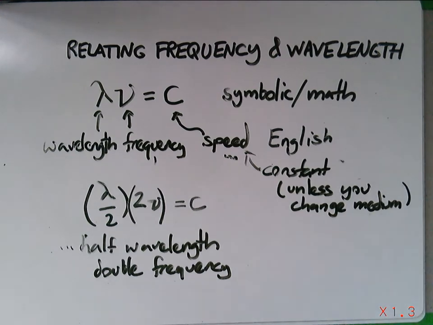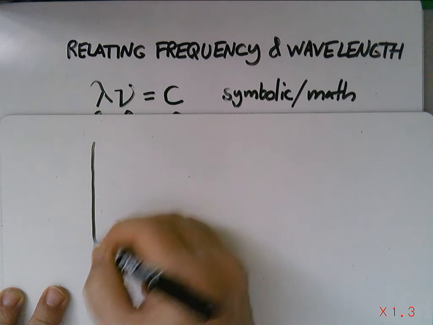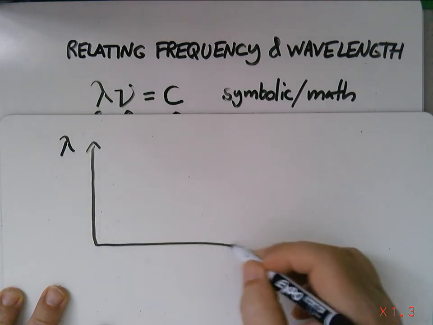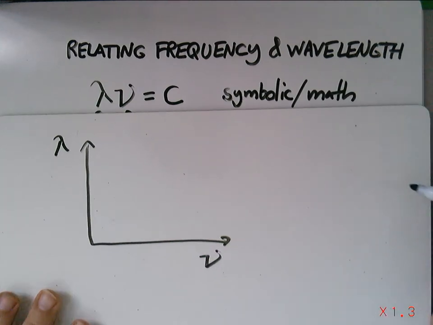If you were to make a graph with, let's say, wavelength on that axis and frequency on this axis, what would it look like?